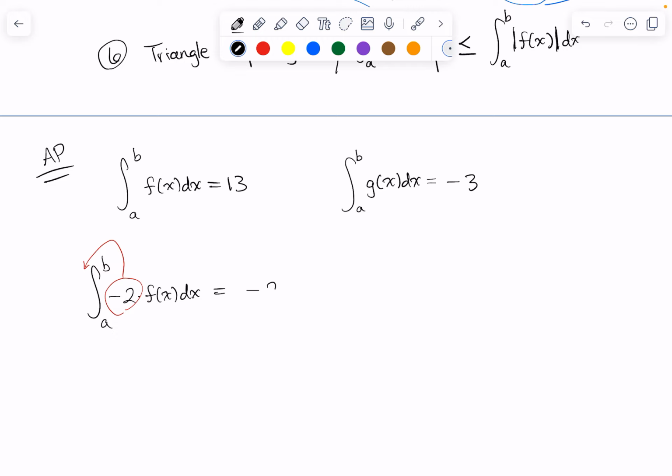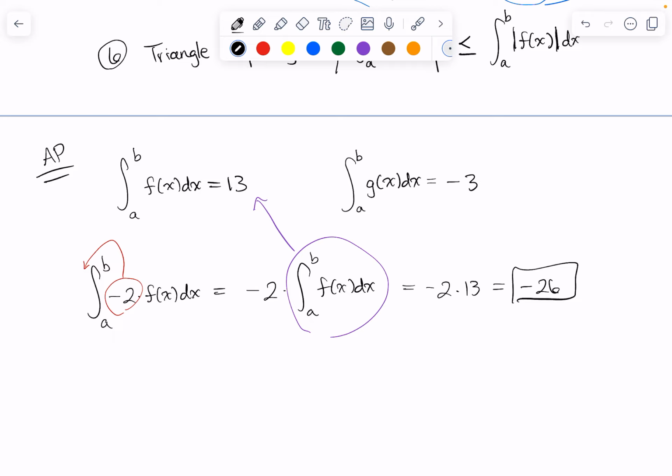And we get -2 times the integral a to b of f of x dx. And you just want to use a property until you're left with an integral that you know the answer to, right? Like this is an integral, and we know that it equals 13. So what we're left with is -2 times 13, which is -26. Cool.